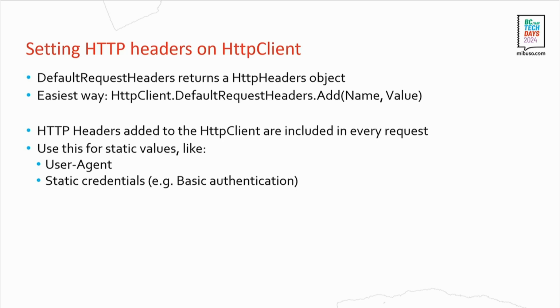That header will be added to every single request you do with the same HTTP client instance. You use that for static values like a user agent or static credentials like basic authentication. So let's switch to a small demo about this.